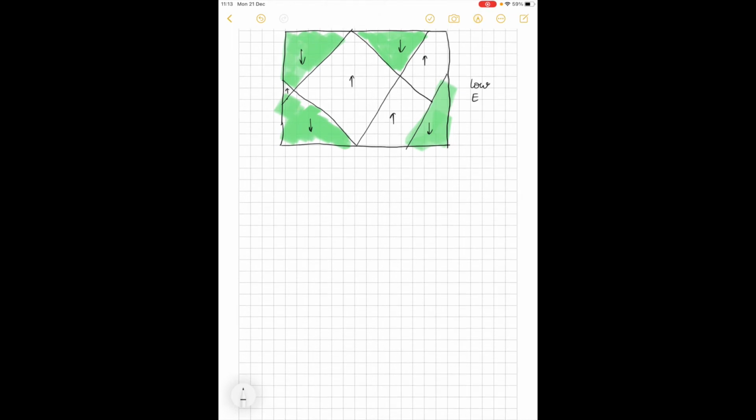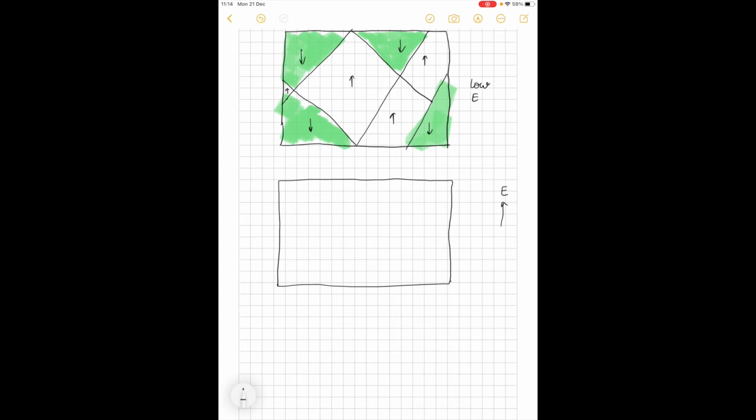Now what happens if we apply a bit higher electric field? So this was our sample. If we are applying a large, high electric field along this direction, the polarization along this direction will increase.